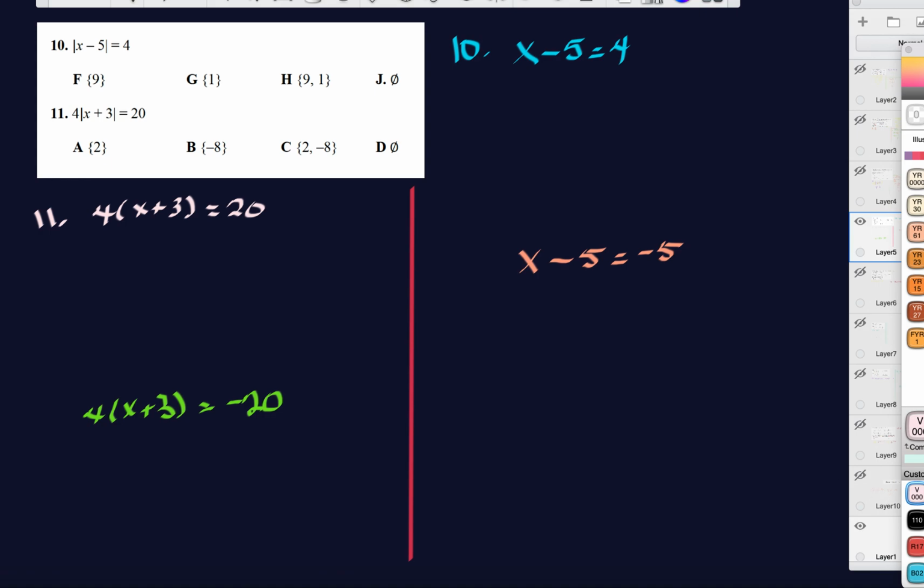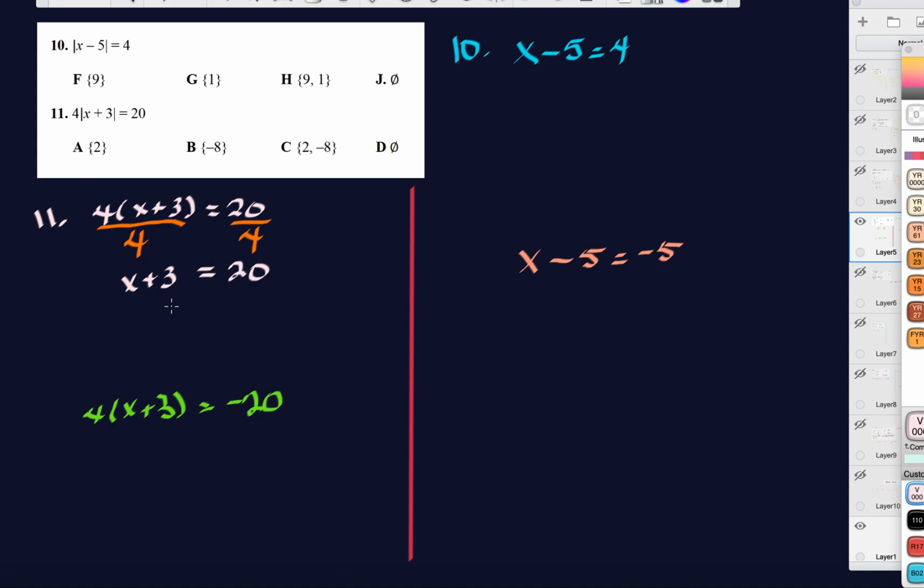I am going to divide this whole thing by 4 and divide this whole thing by 4. Now, you guys, you don't necessarily like it, but it is perfectly valid to say x plus 3 equals 20.